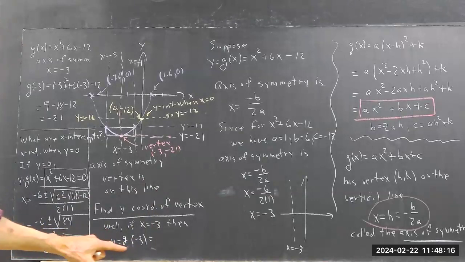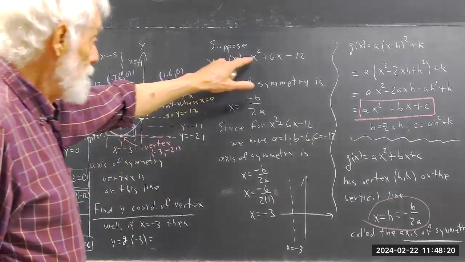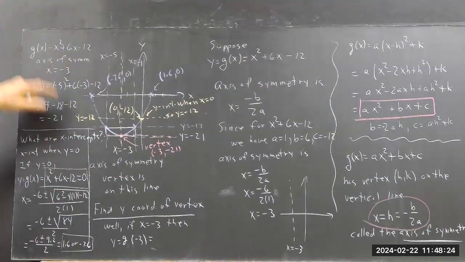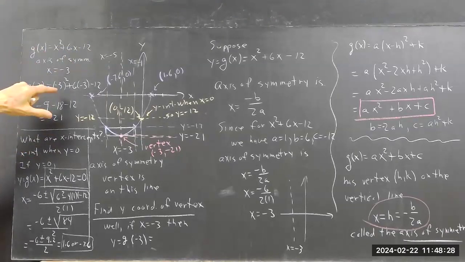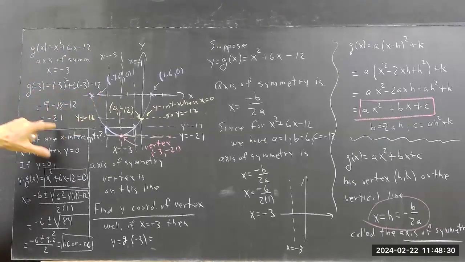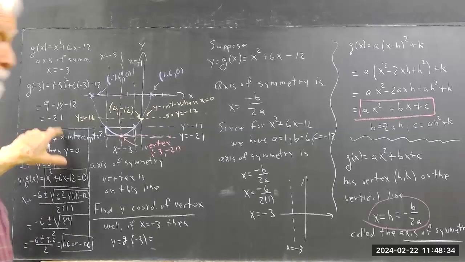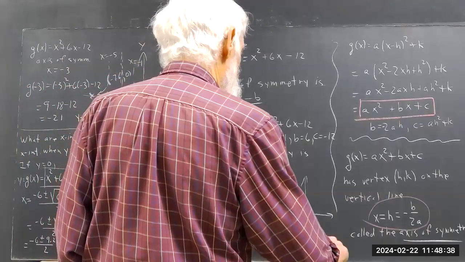Well, you do g of negative 3, meaning you replace x by negative 3. So g of x is x squared plus 6x minus 12. Axis of symmetry is x equals negative 3. G of negative 3, we just plug it in and do the arithmetic and you get negative 21. So now we draw the line y equals negative 21.